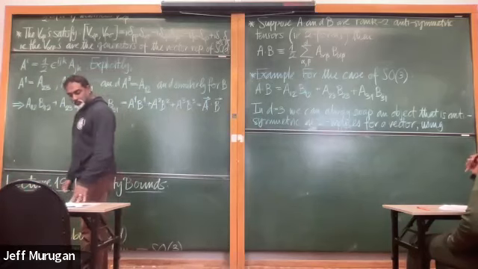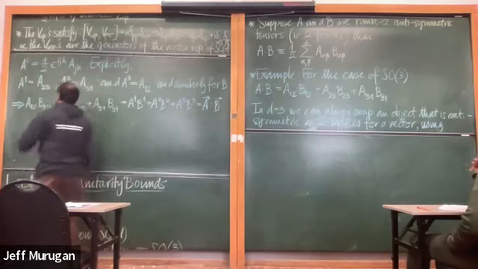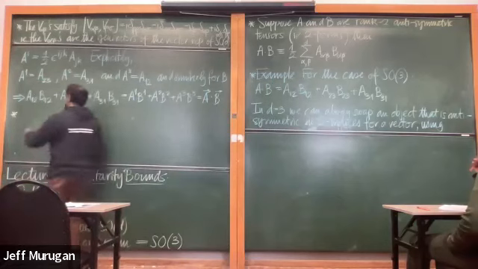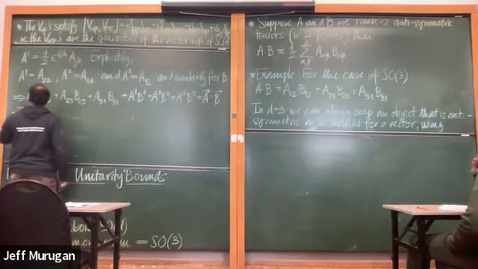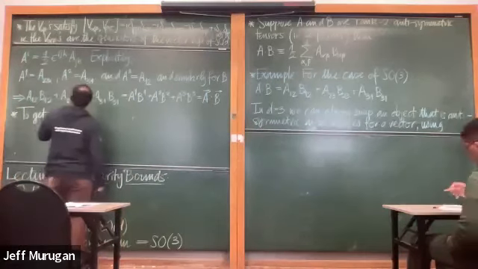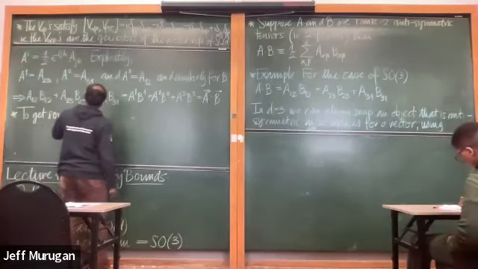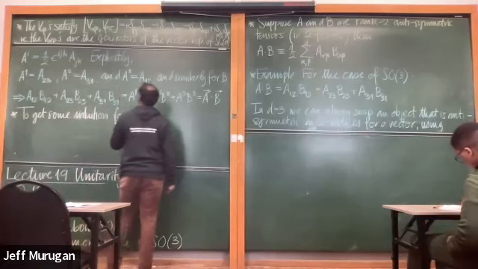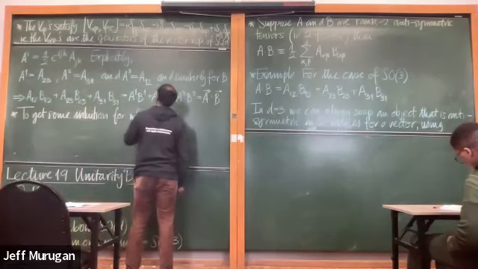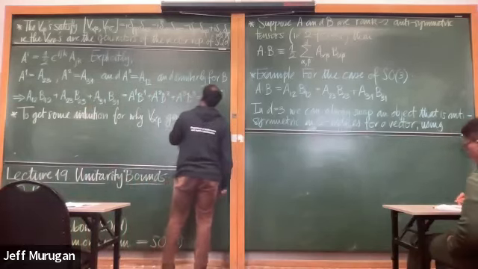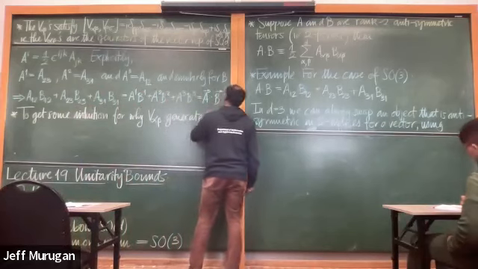So let's get some intuition for why B alpha beta generates SO(D).